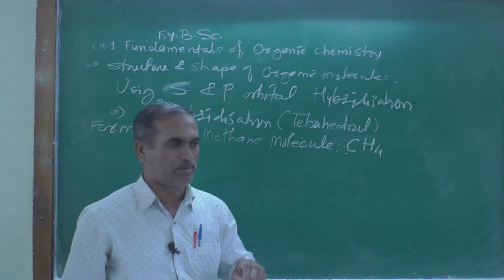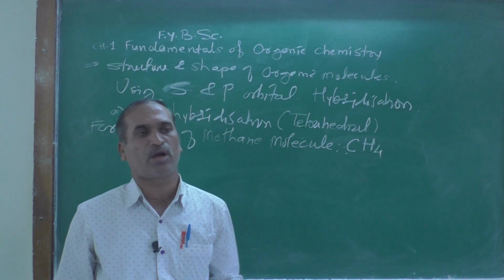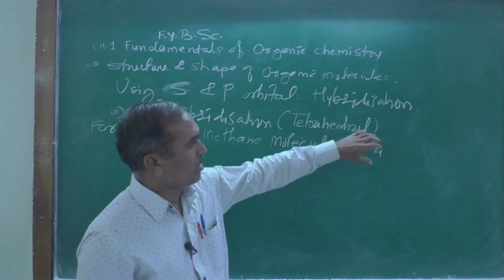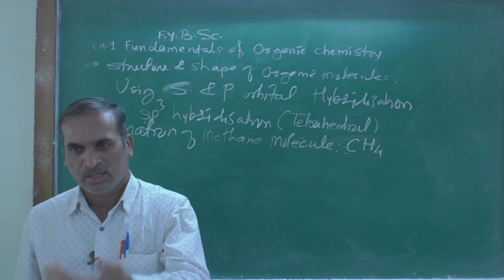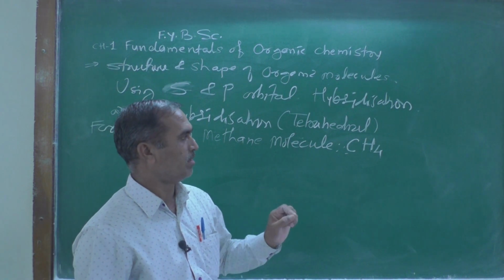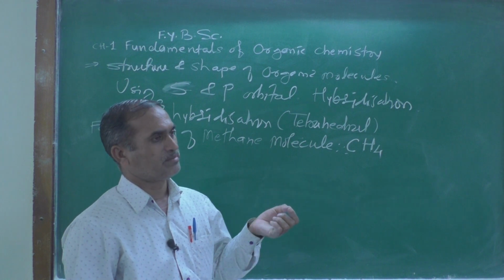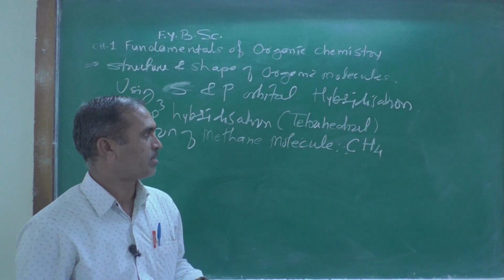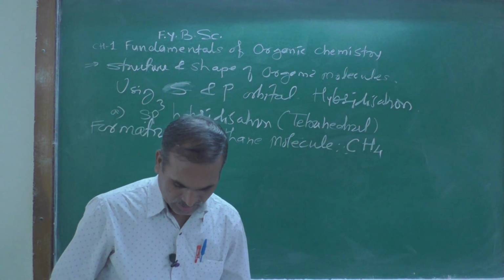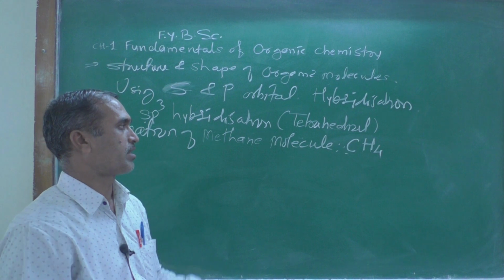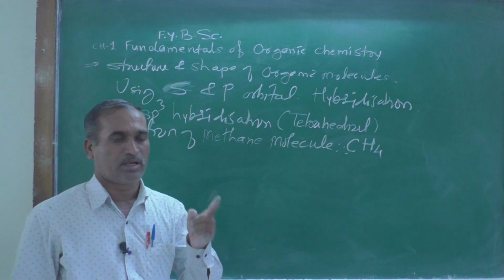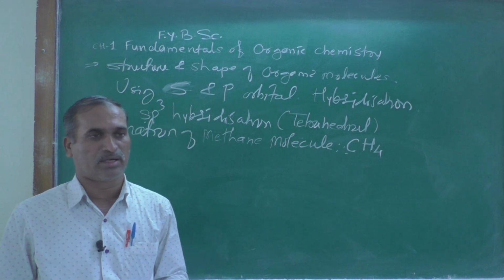Always remember, the atom with the higher atomic number is the central atom, and the atoms with smaller atomic number are attached to it. Generally, in organic chemistry, carbon is the central atom and hydrogen atoms are attached to it.